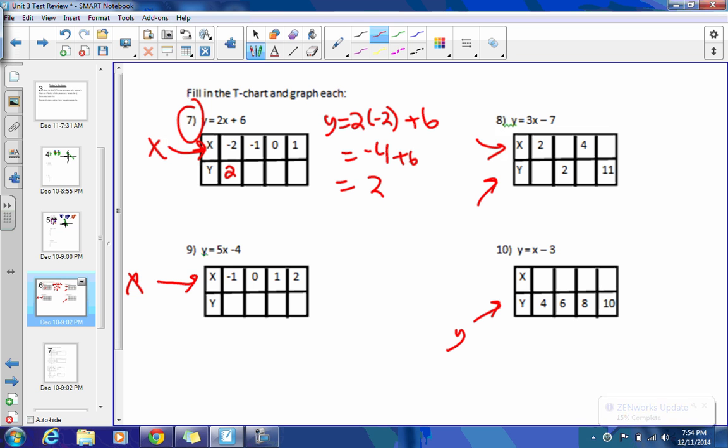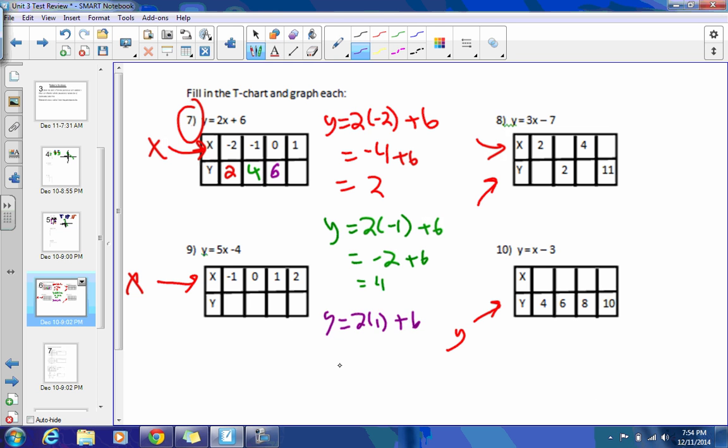The next one would be -1, so y equals 2 times -1 plus 6, which is -2 plus 6, which is +4. The next one would be 0, and 0 would cancel this part out, and you just have 6. So I'm not going to even do that. And then 1 would be y equals 2 times 1, which is just 2, plus 6, and that equals 8.